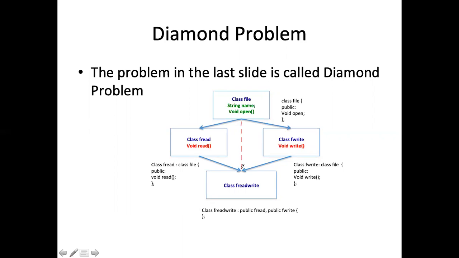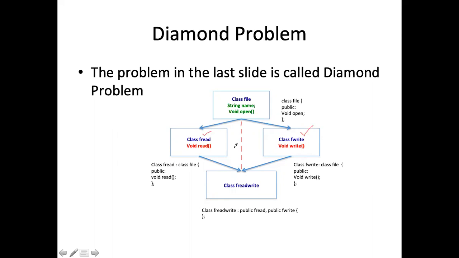You can call it the primary base class, or grand base class, or common base class. Because of this virtual keyword, we call it virtual inheritance, it would mean that these two classes are inheriting everything which is present from the class file, but they are virtually inheriting.